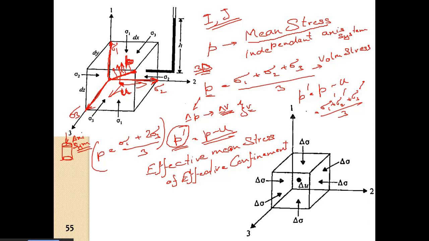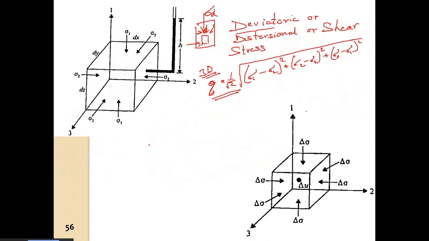So q is always perpendicular. Whatever direction it may be, it is perpendicular to that direction of p. That is what causes the shear failure of the soil. So this causes distortion or shearing of the soil mass.